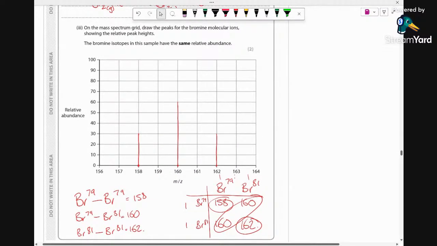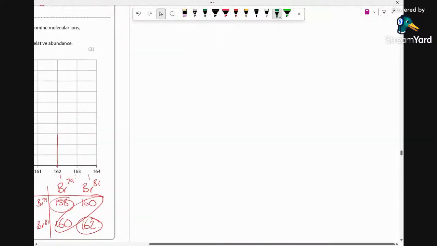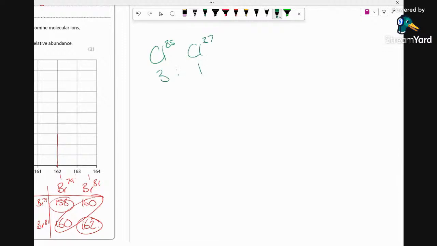Yeah, I'm just going to show you this for the chlorine, by the way. Just since we're there, we know that chlorine exists as chlorine 35 and chlorine 37. And we know this is in a 3 to 1 ratio. So if I was going to do my Punnett square for the molecular ion peaks, I'm going to do 35, 35, 35, and 37. There's the 3 to 1 ratio.